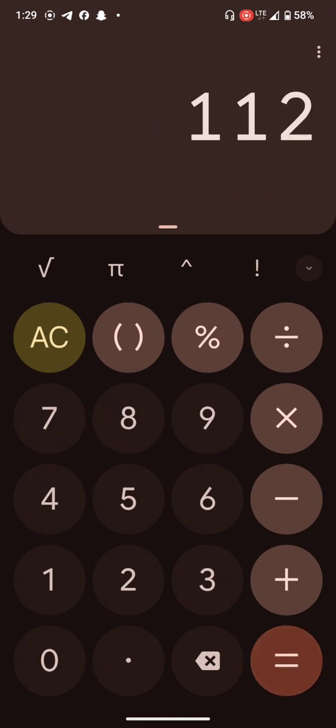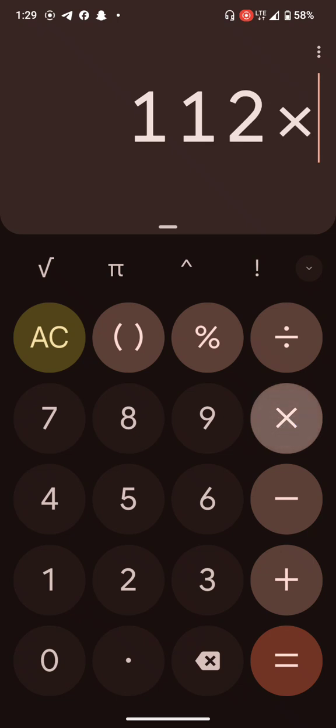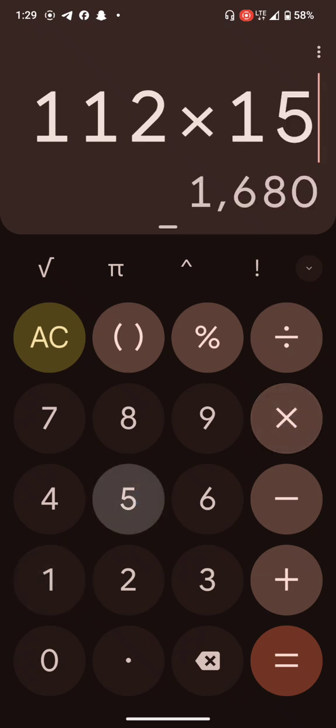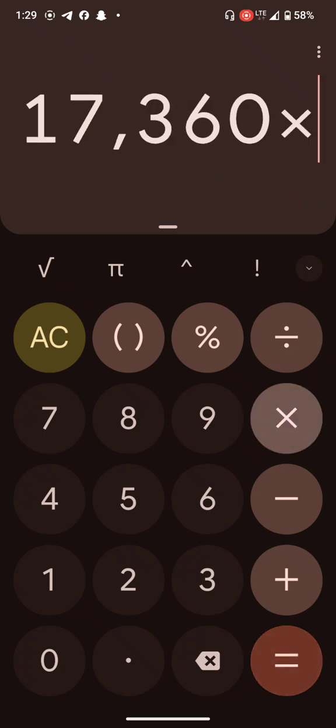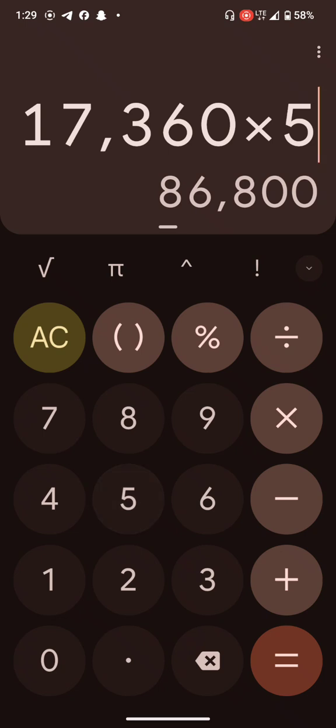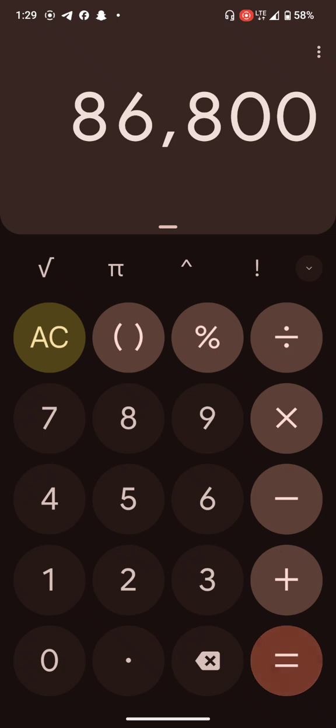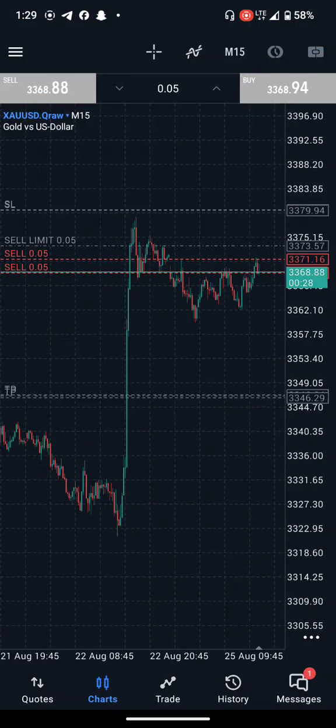So what I'm going to do here is I will say times 155 naira, 17,360 something, times 5, because I'm using 0.05. That is micro lot size times 5. I hope this is clear. 86,800. That is the amount I am losing in naira.